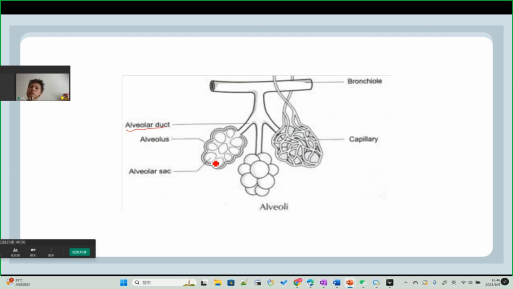The small circles in the alveolus are called alveolar sacs. Surrounding the alveolus, there are lots of capillaries to support it with a good blood supply. Does it make sense? Yeah.